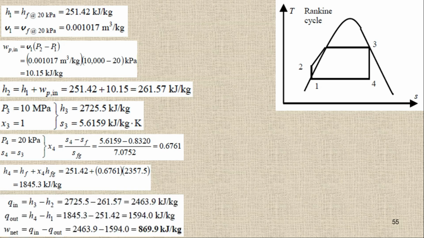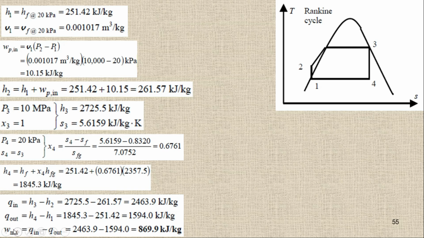So here the Q in is simply H3 minus H2, and we have H3 value of 2725.5 minus 261.57, and we are getting Q in equal to 2463.9 kilojoule per kilogram, while Q out is simply H4 minus H1, and we will get 1594 kilojoule per kilogram.